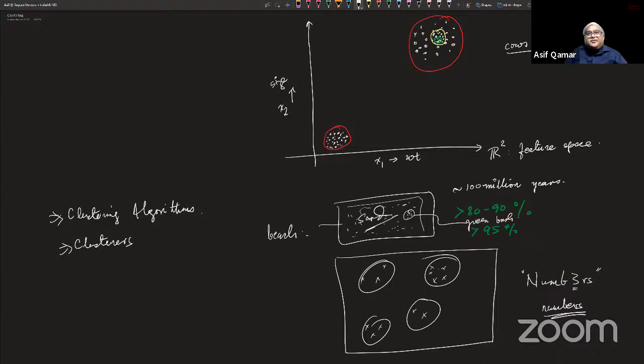Anyway, so today we are going to learn three kinds of clusterers in quick succession. We will learn about partition-based, and let me take the example, k-means. We will do hierarchical, and we will do density-based.